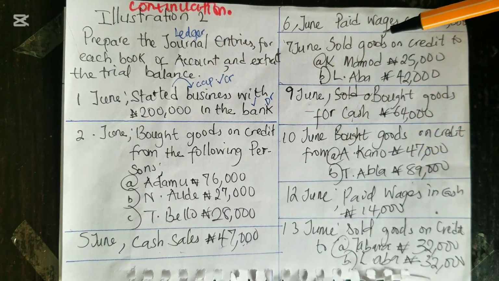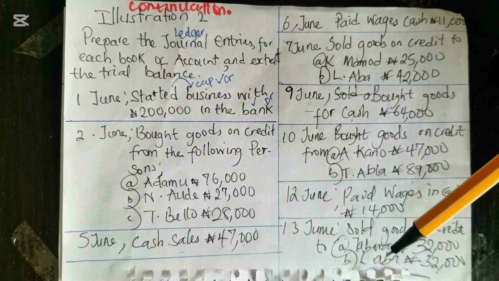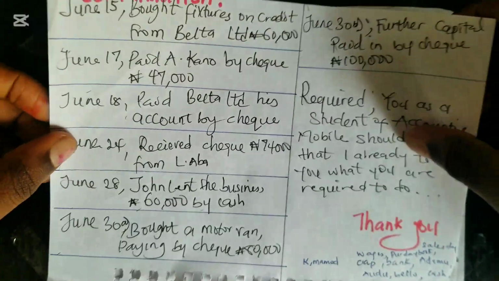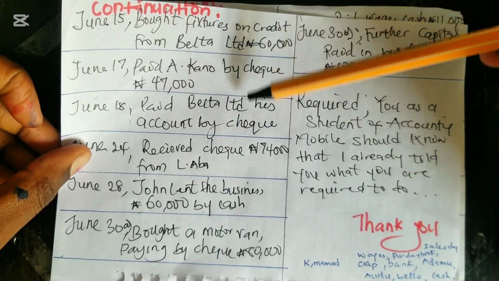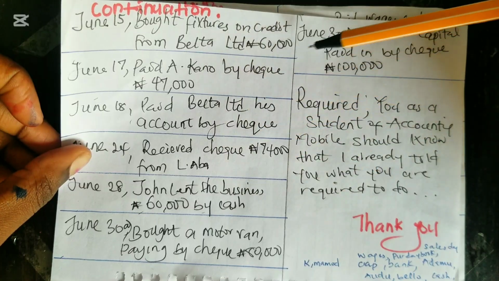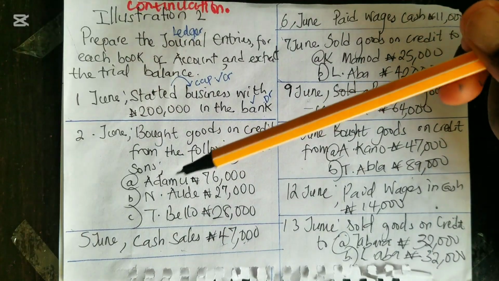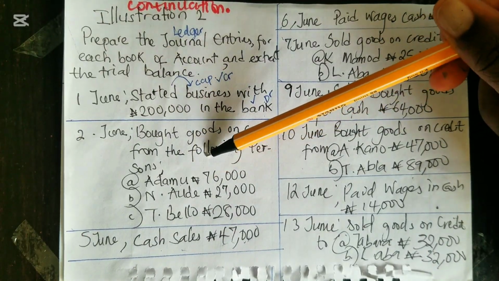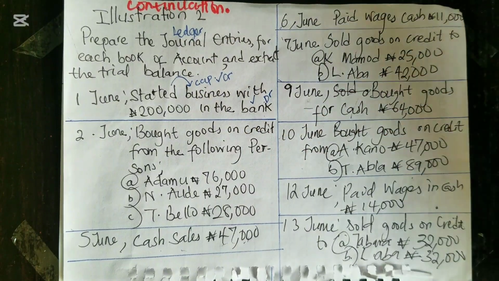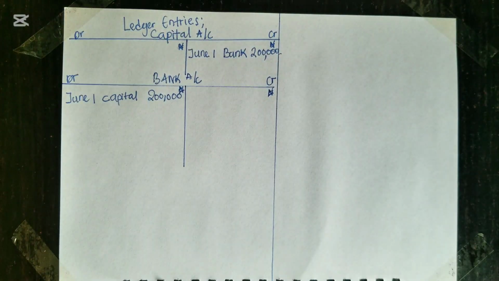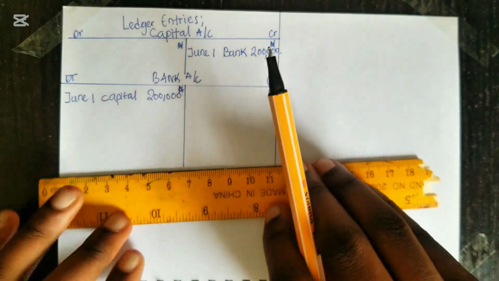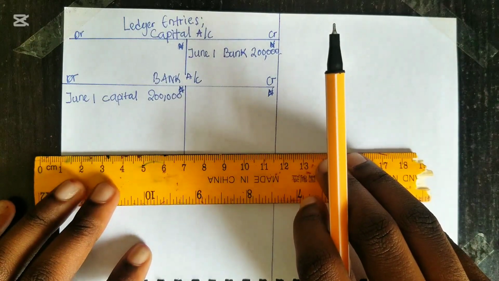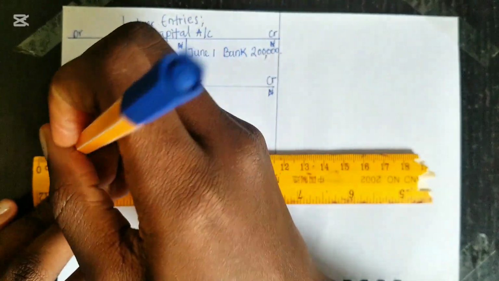Let's see if there's another one. This one is sales. This one is sales. Okay. Bought motor van, cash check. So it's just June 2, and we can have our purchases day book here.